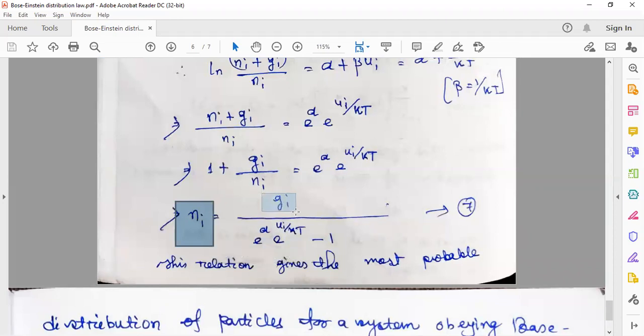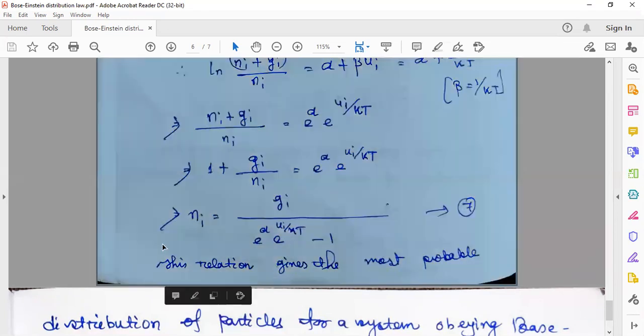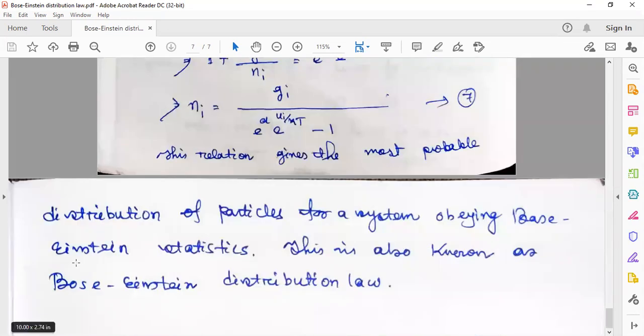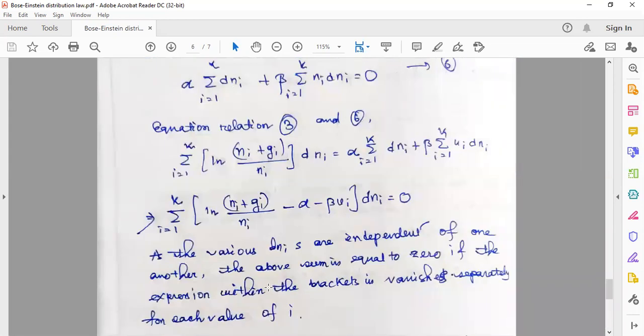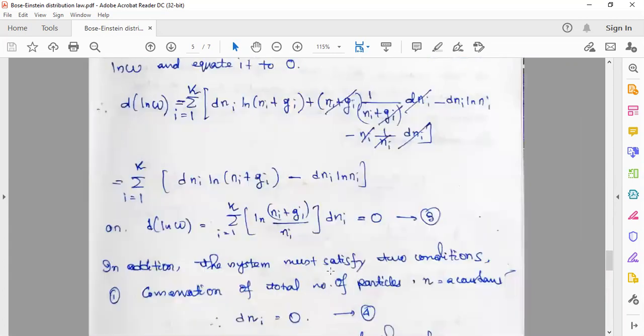It can be expressed in terms of this gi number of cells, and then e to the power alpha, e to the power ui over kT, minus 1 in this expression. This is called the Bose-Einstein distribution law, and this topic is all about getting the derivation of this law.